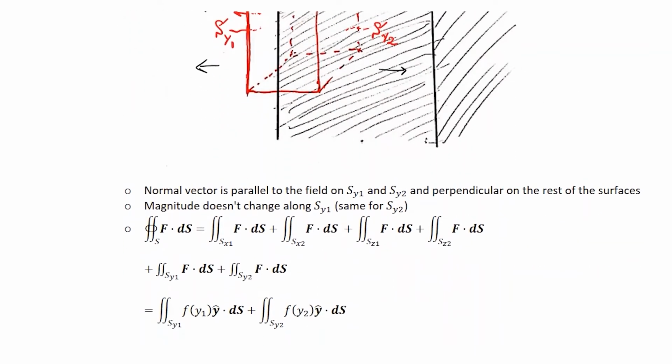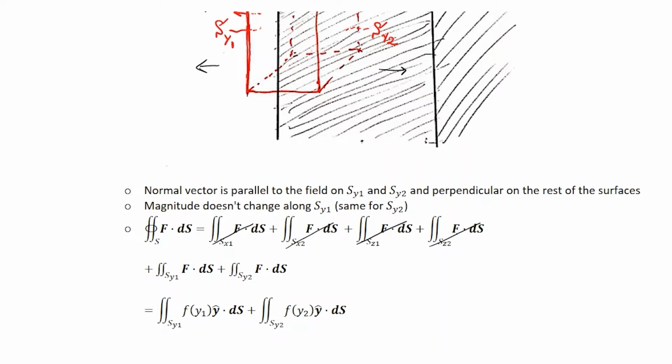You see this flux integral on the left-hand side here. It can be broken down into 6 integrals here. You see how this sign that shows closed surface disappears on these integrations because these are not closed surfaces, they are open. And the main thing is that these integrals are all 0, these 4 integrals.